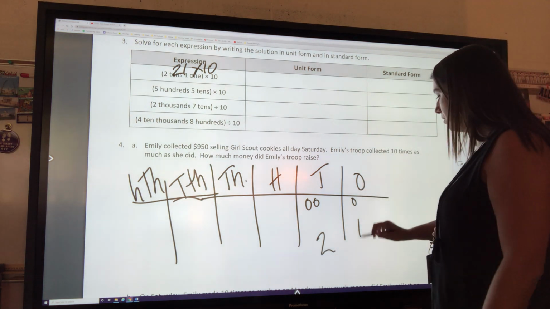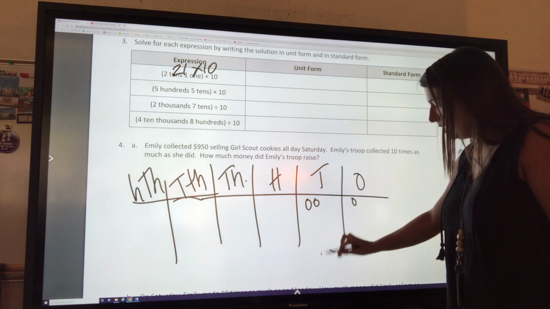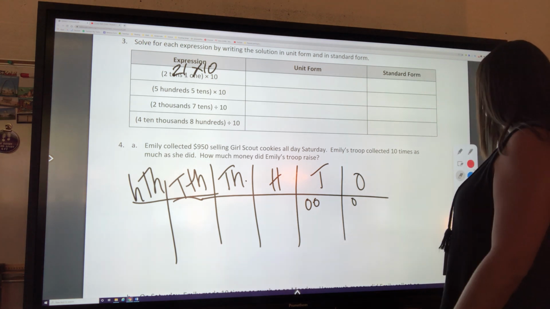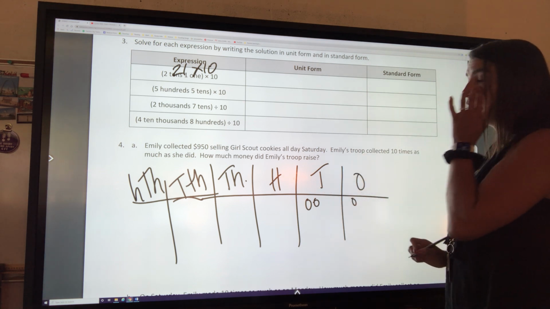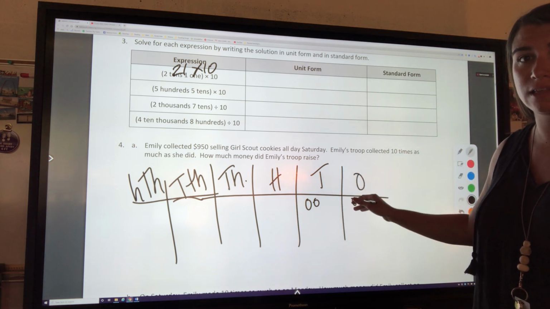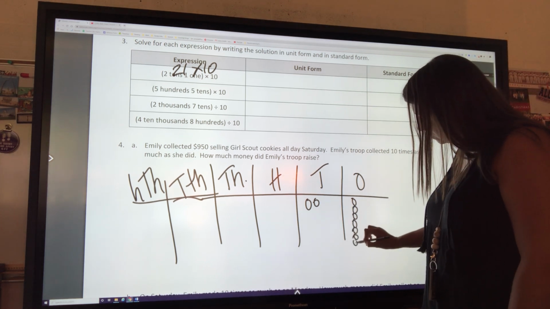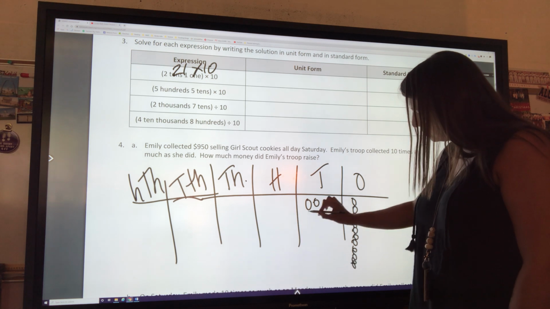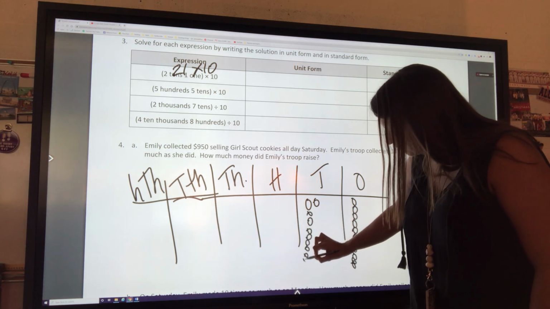All right, so now let's find out. I'm going to take that and I'm going to multiply my 2 10s and my 1 1 by 10. So that means each column gets that 10 there.